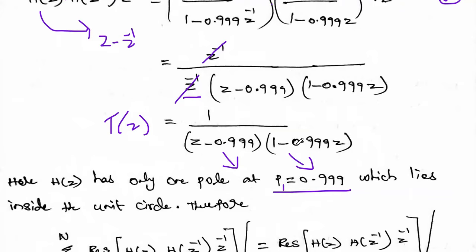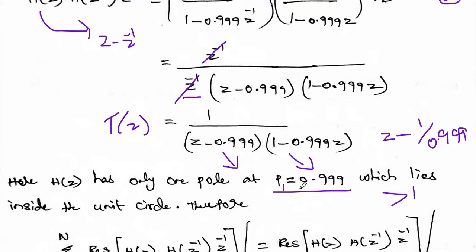Now the second term, 1 minus 0.999 z. If we take minus 0.999 outside, we can write it as z minus 1 divided by 0.999. The value 1 divided by 0.999 is always greater than 1. So the root corresponding to the second term is greater than 1.